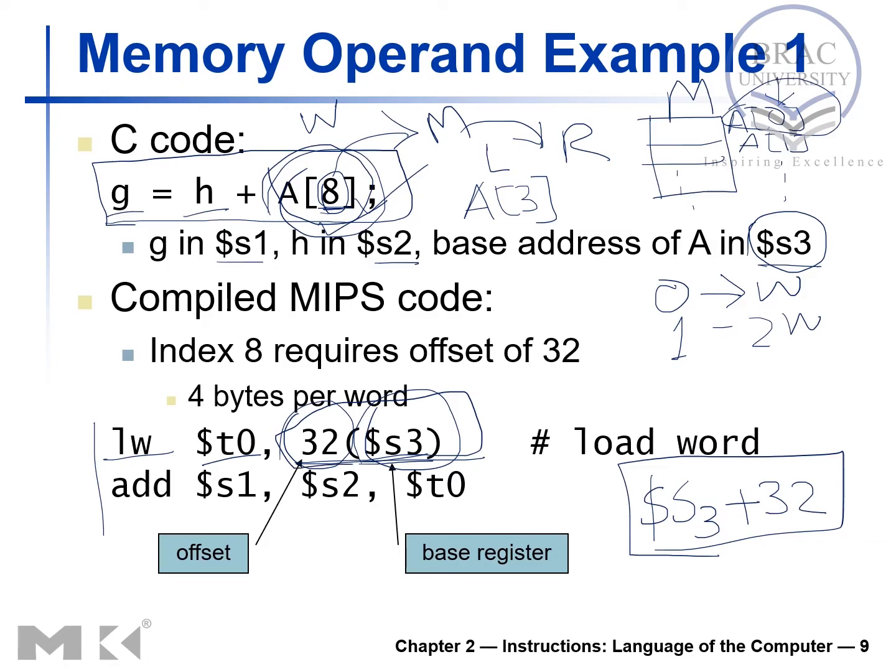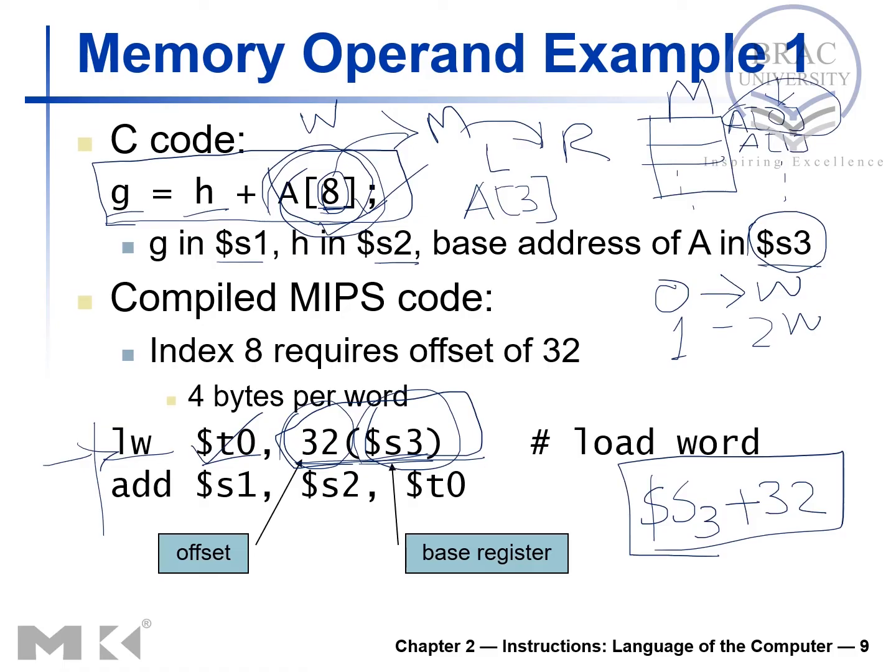So if we perform this load operation, two operations are executing. One, this addition operation is performed, after which we get to know the memory address of A8, and then the pointer goes to that address and brings the value stored in that address to this T0 register.